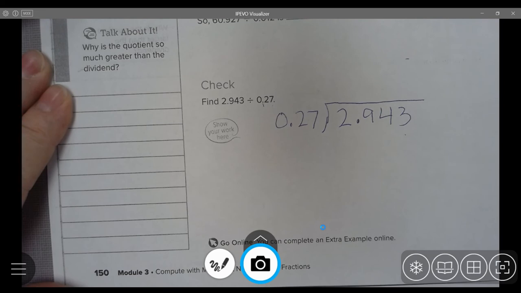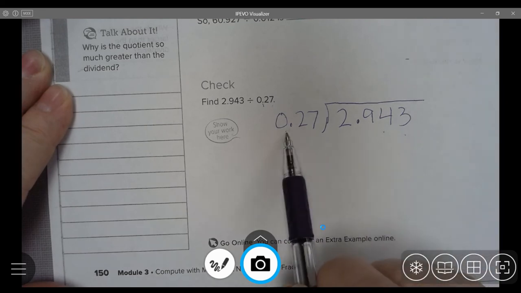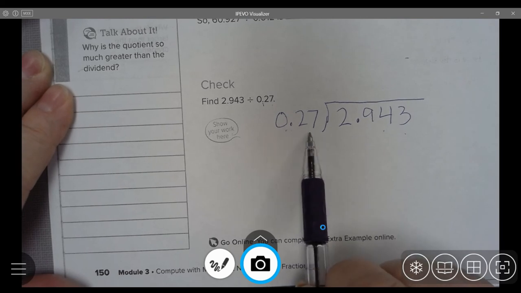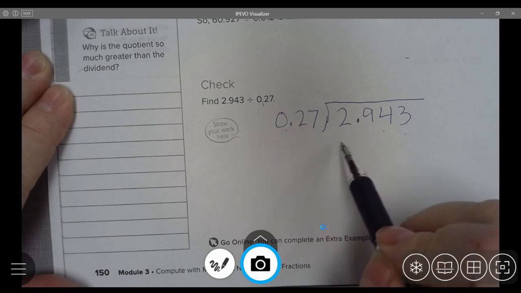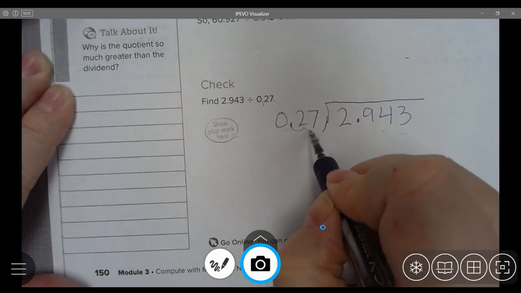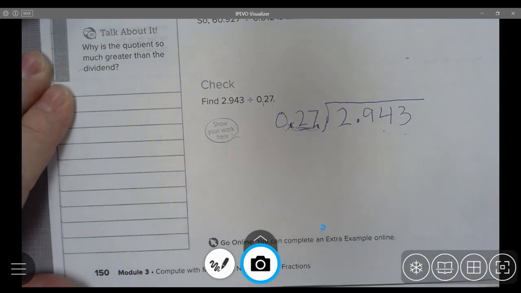Now remember we talked about how with our division problem, we don't want to leave a decimal, a partial number out here. We want to make sure that we are making this a whole number. So we can multiply by 100. And when we multiply by 100, you can move the decimal 2 places. So now we would have a whole number of 27.